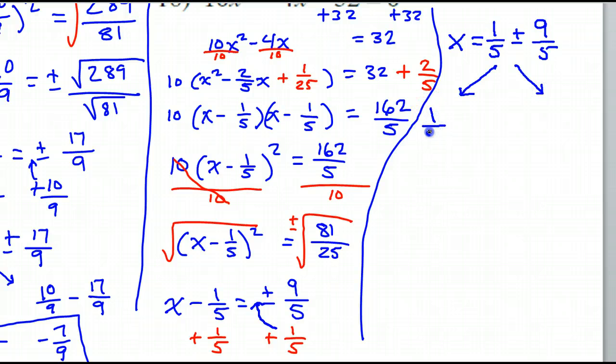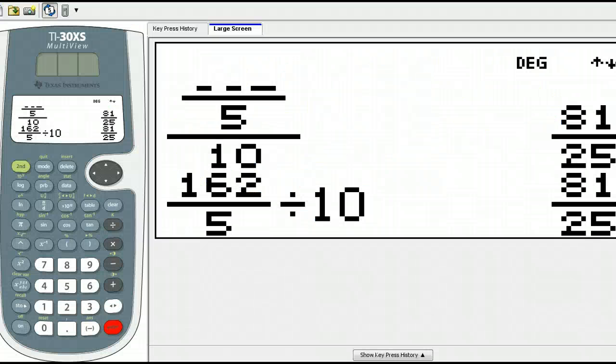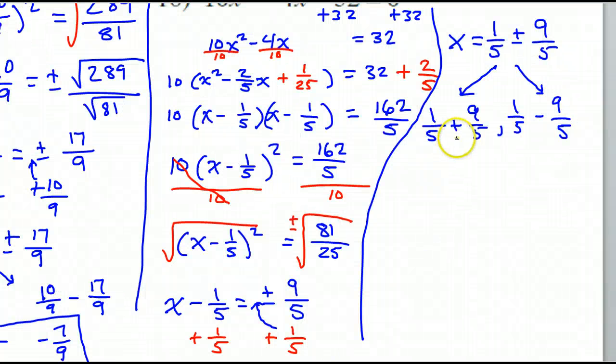Please understand that this really means two different things. This means 1/5 plus 9/5, and it means 1/5 minus 9/5. That's what it really means. So we're going to do these separately. 1/5 plus 9/5, you really should be able to do this in your head.